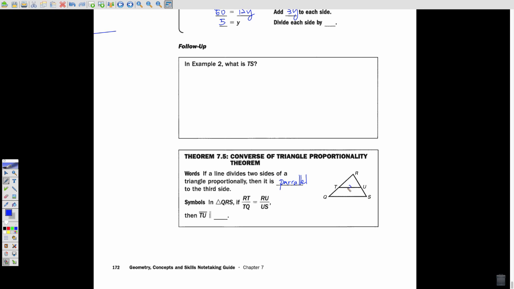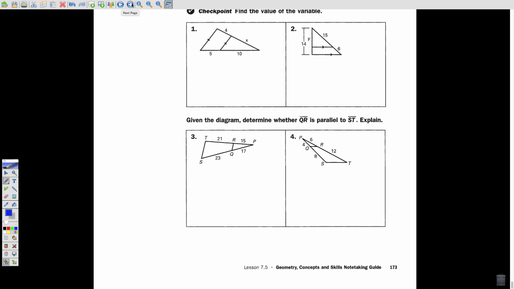Therefore, we can draw the conclusion that TU is parallel to QS. Okay, so it's the same theorem, it just goes backwards. We switch the hypothesis with the conclusion.